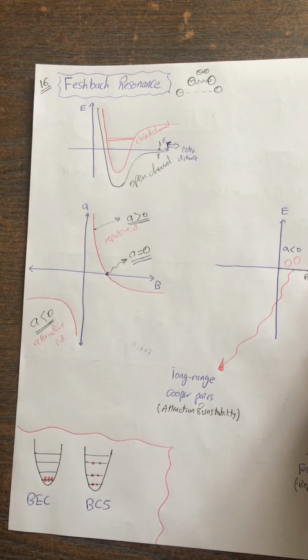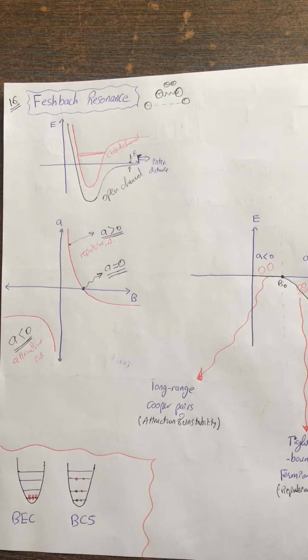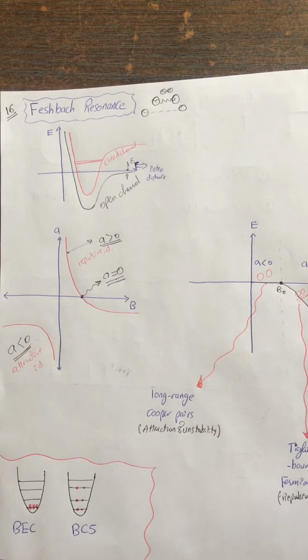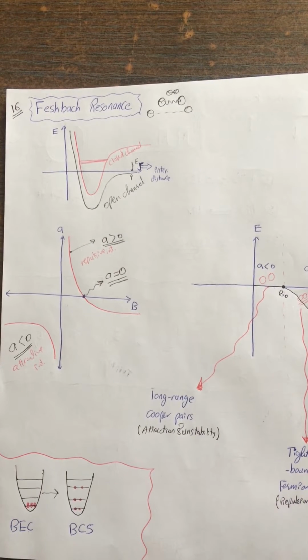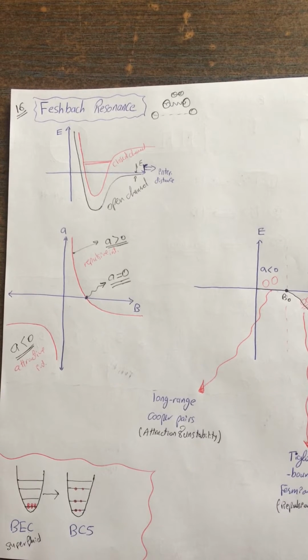Actually, the last thing that I would like to mention is the difference between Cooper pairs, which we call BCS pairs for Bardeen, Cooper, and Schrieffer. And those form an important concept in the field of atomic physics: you can tune the magnetic field to go from BEC to BCS. BEC are bosons occupying the ground state of our harmonic system here, and Bose-Einstein condensation is called a superfluid state, a superfluid for bosons.